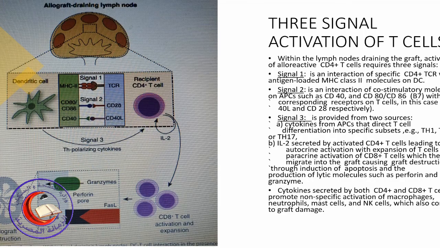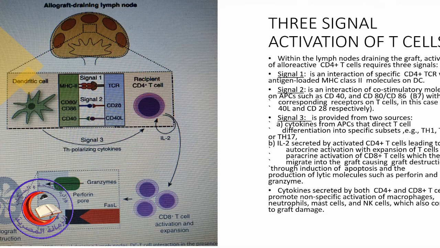We have already mentioned that CD4 cells to be activated require 3 signals. Signal 1 is the interaction of specific CD4 positive T cell receptor with antigen-loaded major histocompatibility complex class 2 molecules on a dendritic cell or other antigen-presenting cells such as a B lymphocyte.